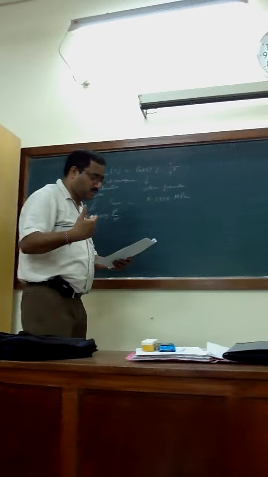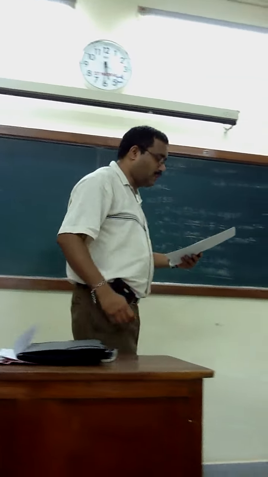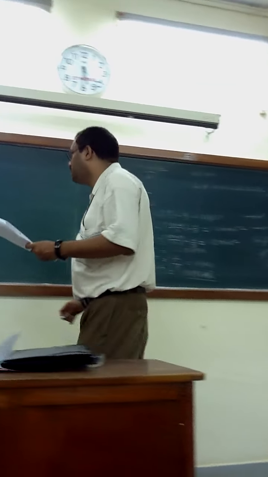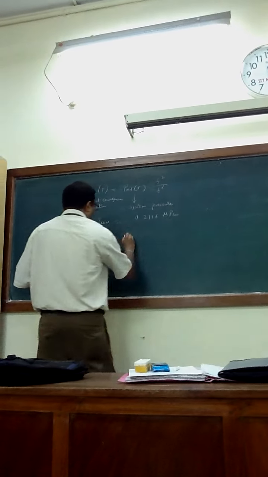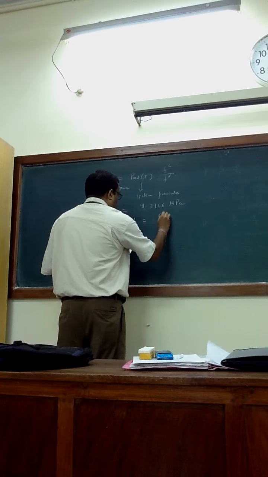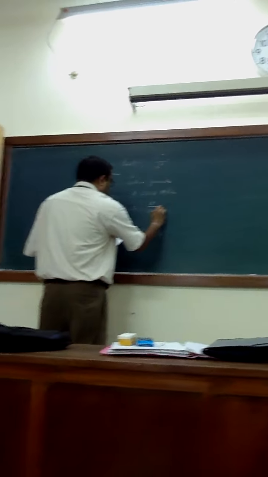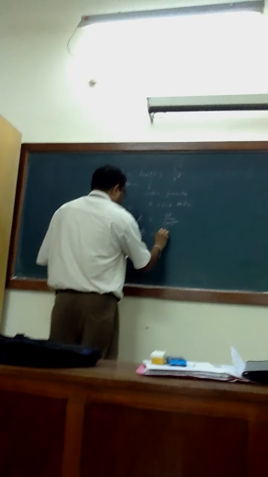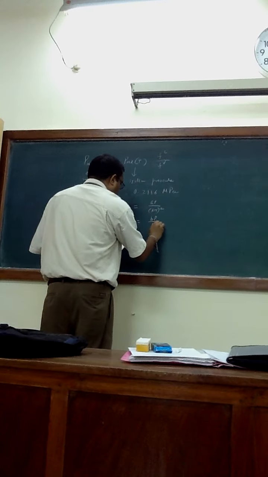I won't repeat. We have to calculate capital A and capital B again because they depend on the pressure. A equals aP by RT whole square. Capital B is bP by RT.